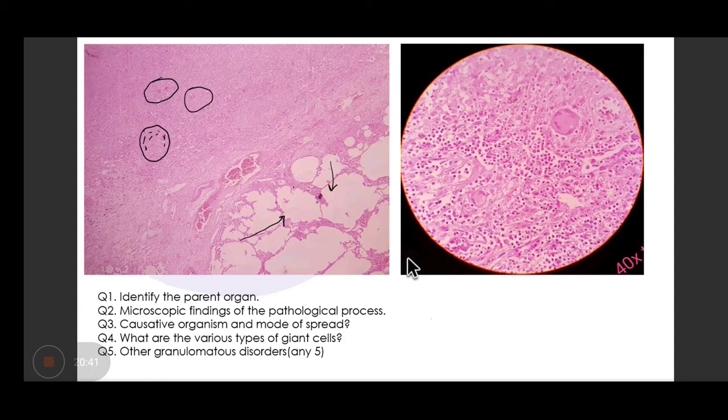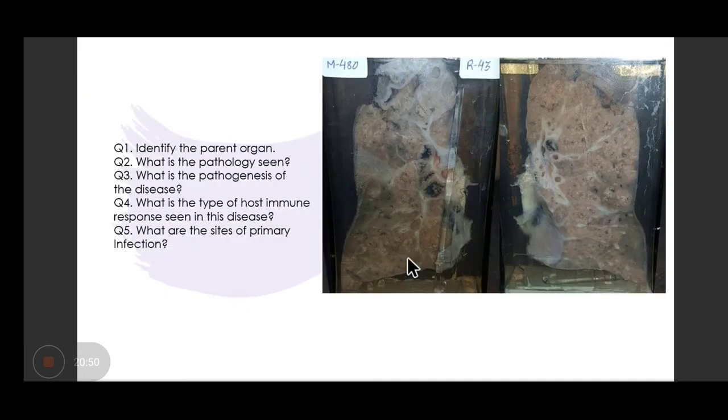This is a granuloma with KG18 lymph nodes, usually types of giant cells. Other granulomatous disorders, types of granulomas. This is miliary TB, small lesions are visible. Now, you can confuse between a metastatic lung carcinoma and miliary TB.